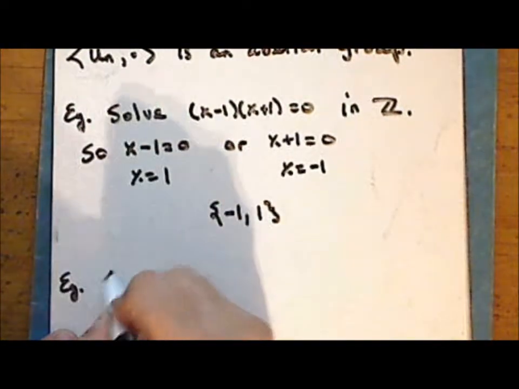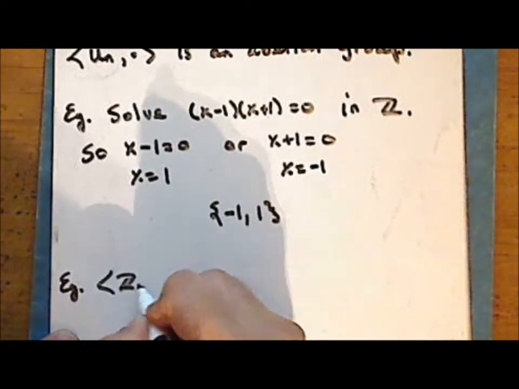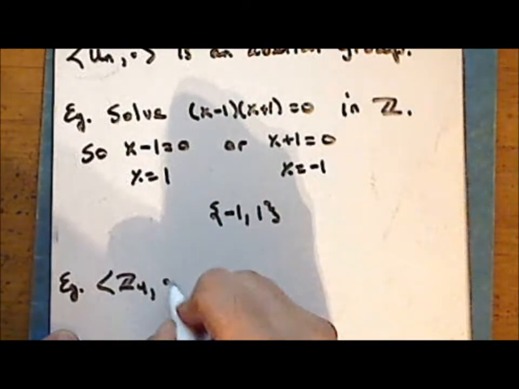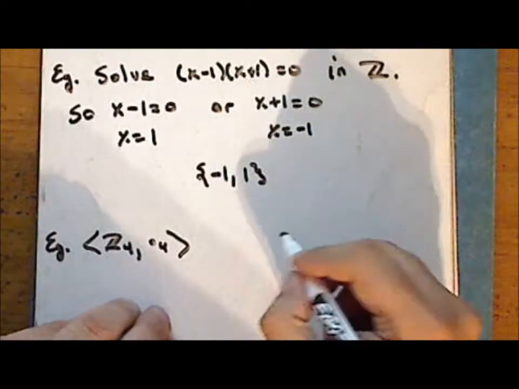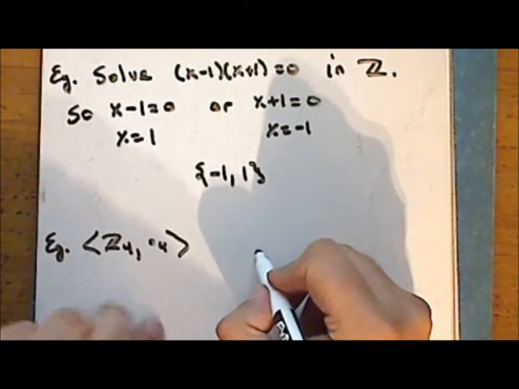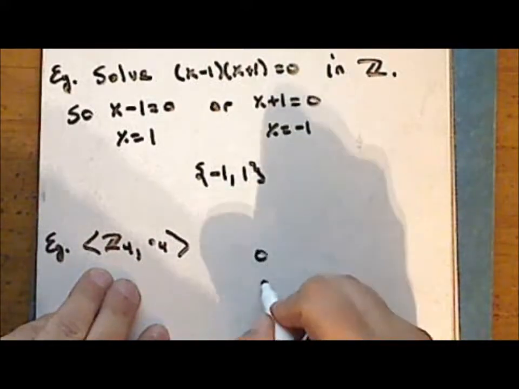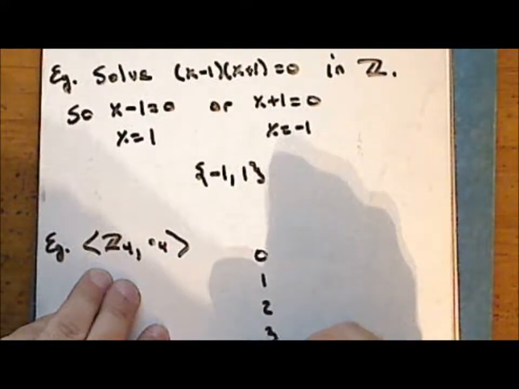So now let's revisit the integers modulo 4 under multiplication modulo 4, and let's quickly construct the multiplication table. The elements in this set are 0, 1, 2, and 3.